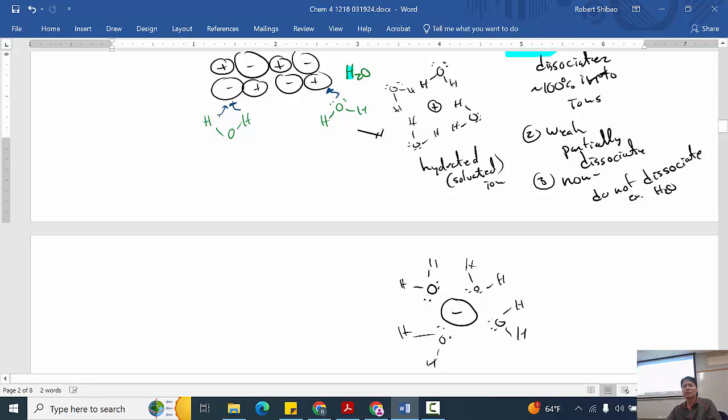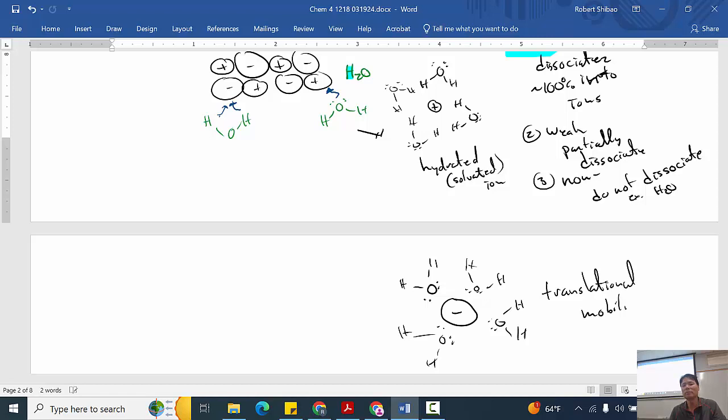So up here we have a hydrated sodium ion, down here we have a hydrated chloride ion, and these have translational mobility. And so the ions can move in the water. And that's what we want for this.